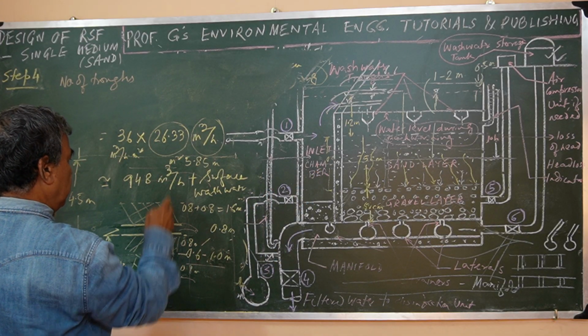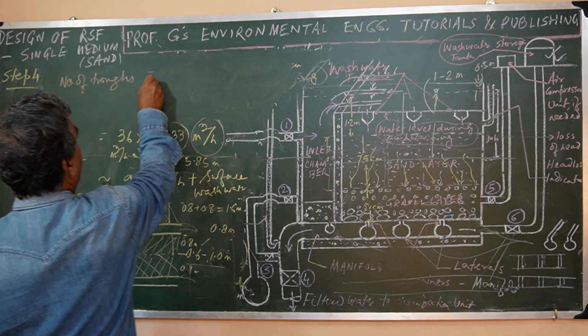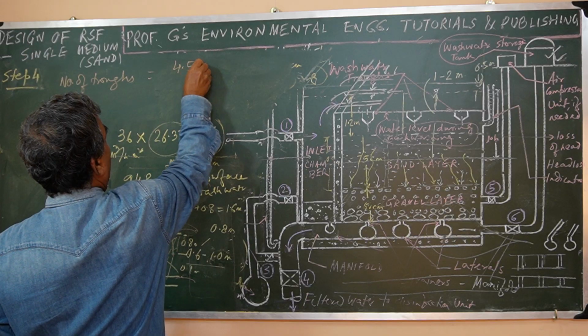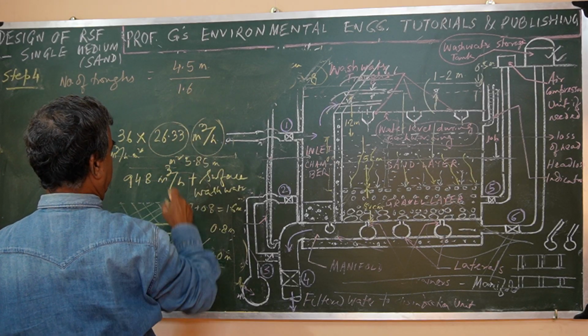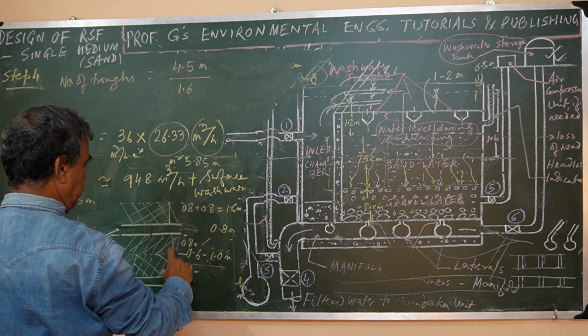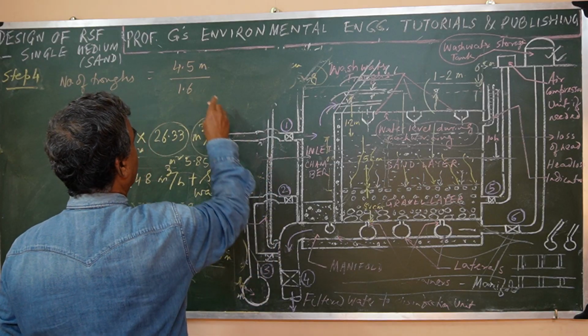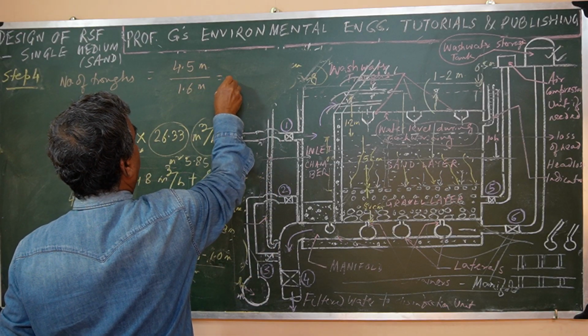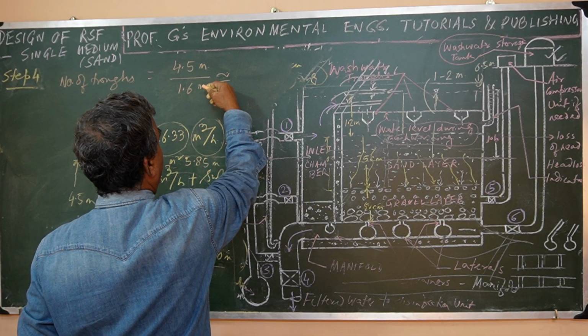So if we have provided like that, then the number of troughs will be 4.5 meter divided by 1.6, the spacing we have considered for the wash water troughs. This will be on the little higher side.